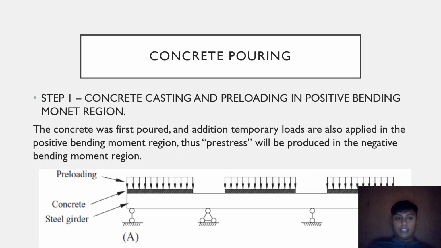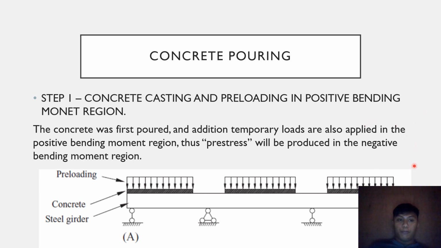The next one is the way of how to improve the compression in concrete. First is the concrete pouring sequence, or the concrete pouring. We have three steps here.